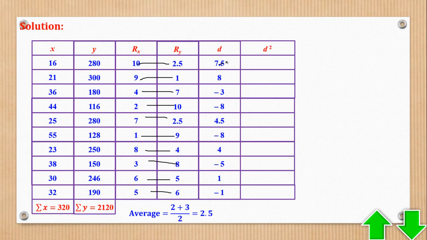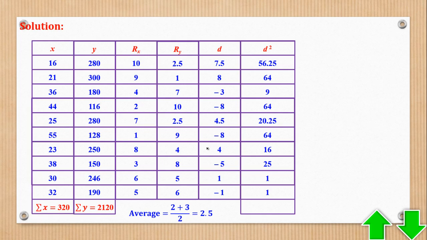So this squared, this squared, and so on for all ten values. The next is to get the sum of all these values of D squared, and the sum will be 320.5.